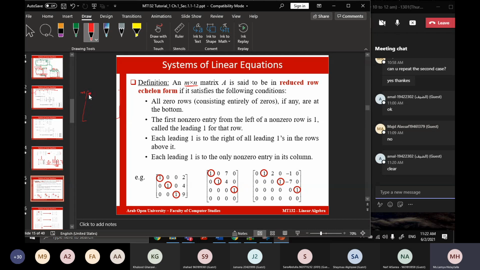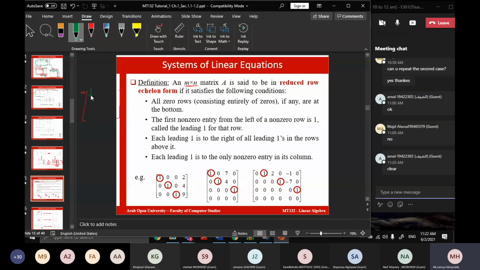If it is a number, it should be 1. So the first non-zero entry should be a 1, no other number. The first non-zero entry from the left, as you move along, the first non-zero number you find must be 1.